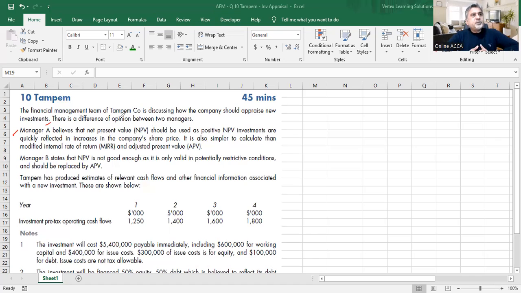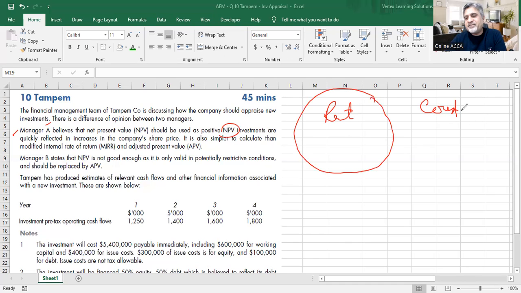Number one. Number two, if the new project is large compared to the size of the company, NPV is used actually. Even if you are a retail business and you are going into construction, which is a different sector, you still can use NPV if you are a very big retail business and this is a very small construction project. I know that in construction there are more risks, but I mean, I've got a company worth 1 billion and this is a 20 million construction project.